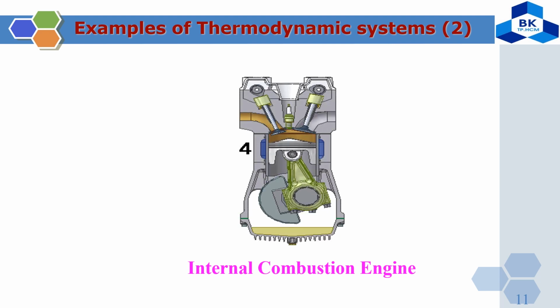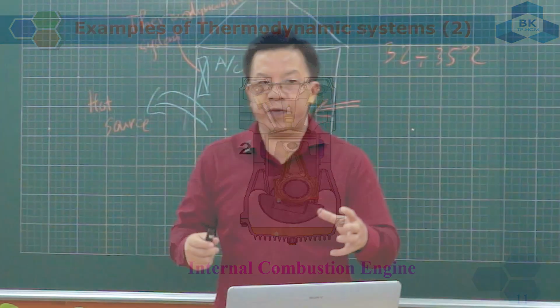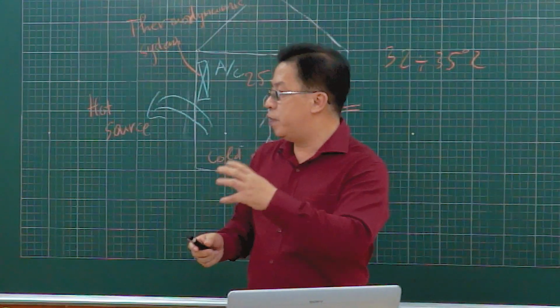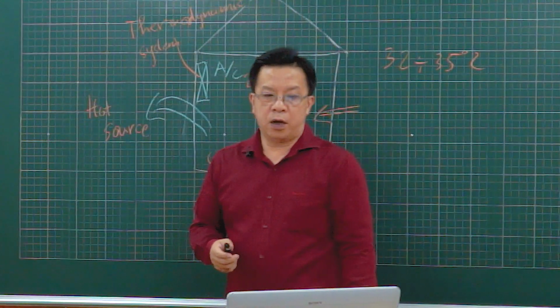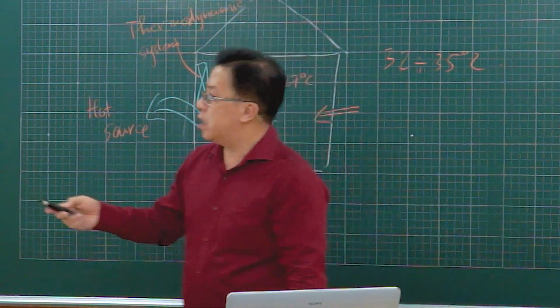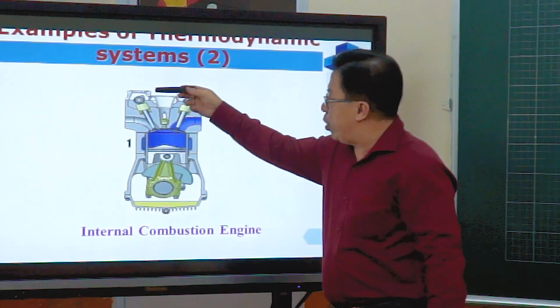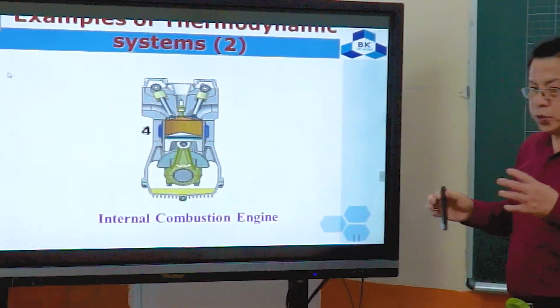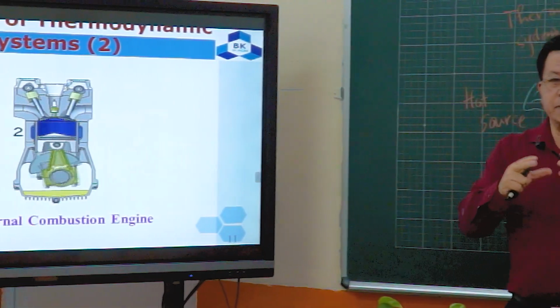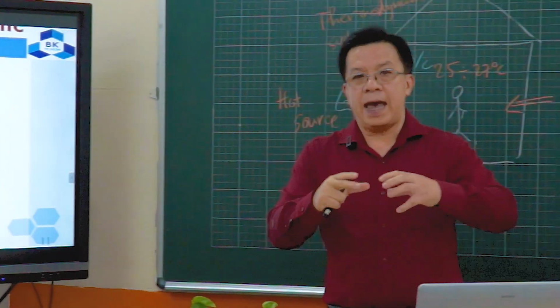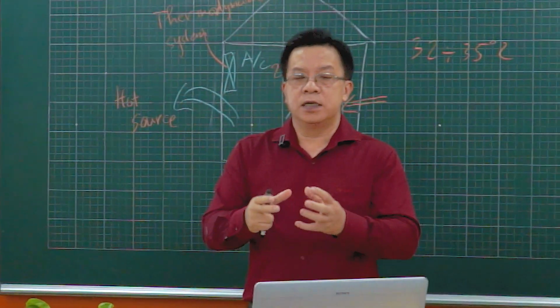The second example is the internal combustion engine. You know that the motorbike you use every day uses an internal combustion engine. In this case, we provide petrol, and the petrol is mixed with the air, and we burn it.